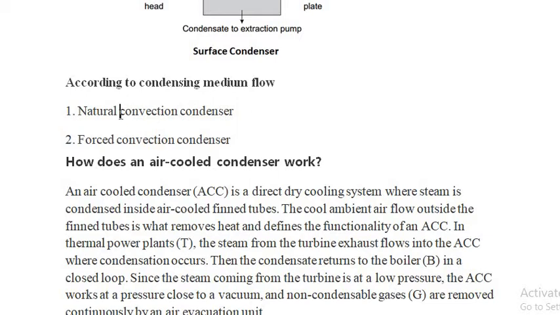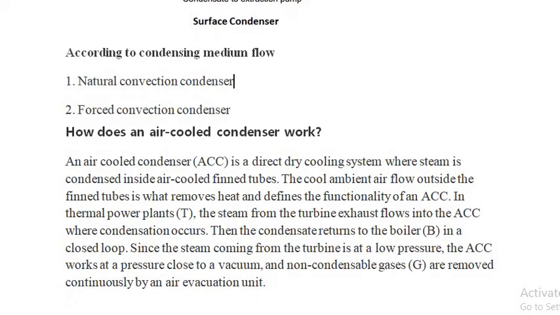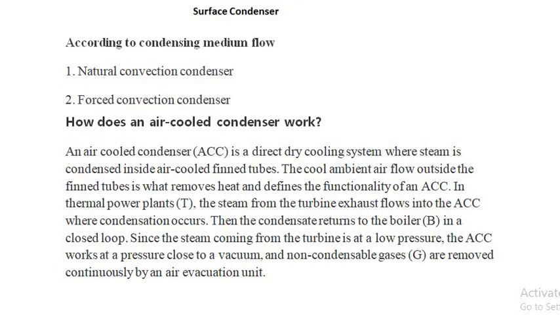This is natural convection. The forced convection condenser is one where a fan is attached for cooling the condenser. This is used in industry, not for domestic purposes. The natural convection condenser is used in industries and also in domestic refrigerators. Okay, come to the main point.